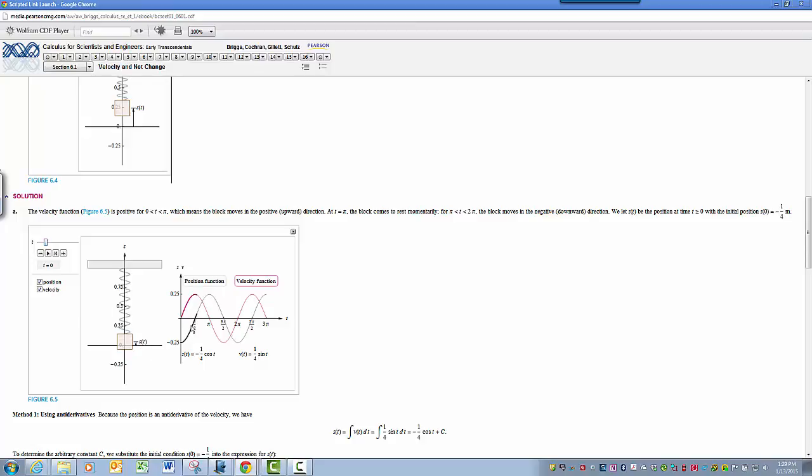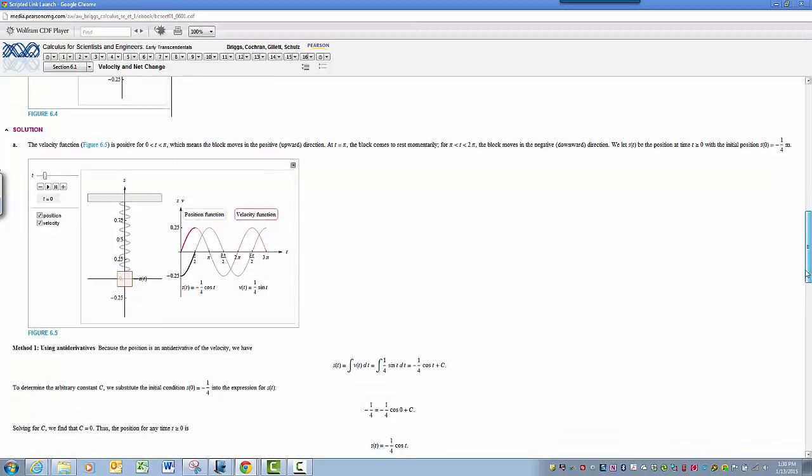Okay, so at pi over 2, the velocity is still positive, but the block has come back to its initial position. So it got moved down, and then it popped back up to a position of 0 at pi over 2. And all I did was solve this equation, set equal to 0.